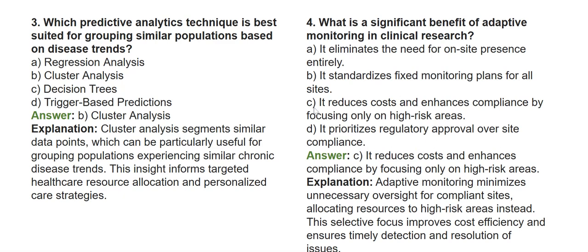So it is C, as adaptive monitoring minimizes unnecessary oversight for compliant sites, allocating resources to high-risk areas instead. This selective focus improves cost efficiency and ensures timely detection and resolution of issues.